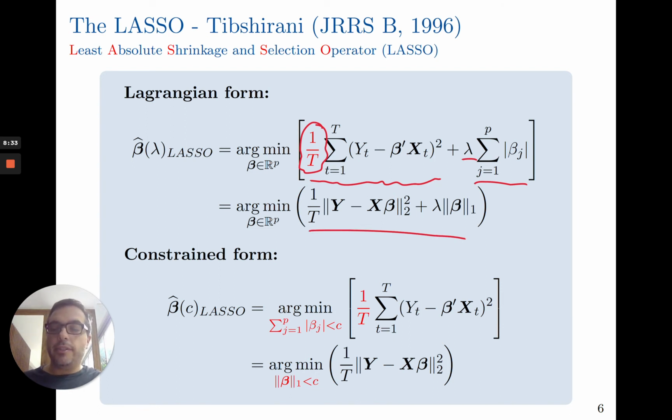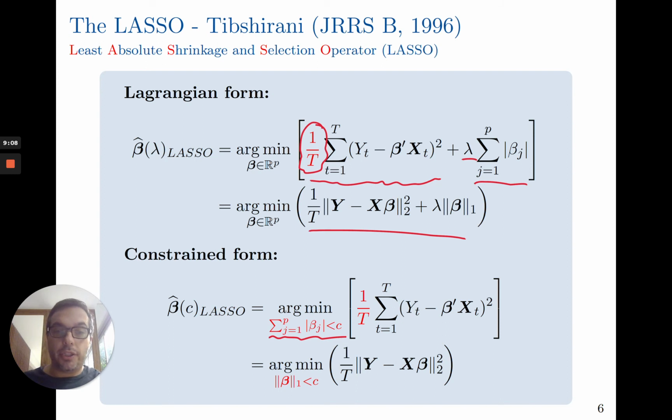There's an equivalent way of defining the problem I have already mentioned. That's the constraint form. That basically says that the beta hat lasso is the solution to a least squares problem where we impose an L1 constraint on the parameters. So we say that the sum of the absolute values will be less than a constant penalty C, okay?